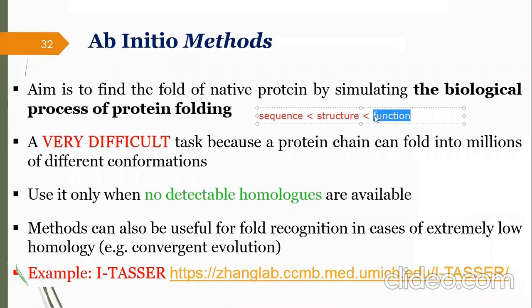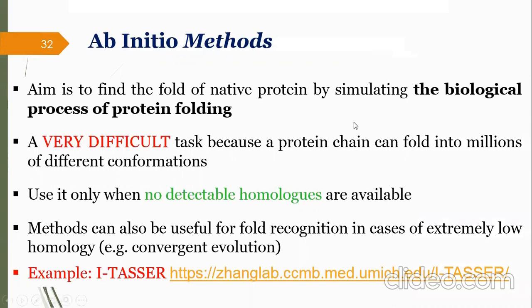From that we can determine that they will have a bit similar structure, and the folding will be the same. So based on that, go for ab initio modeling. Am I clear? Yes, sir.